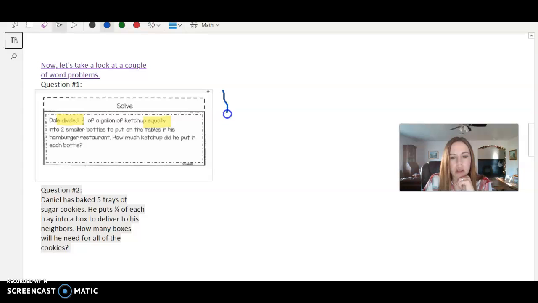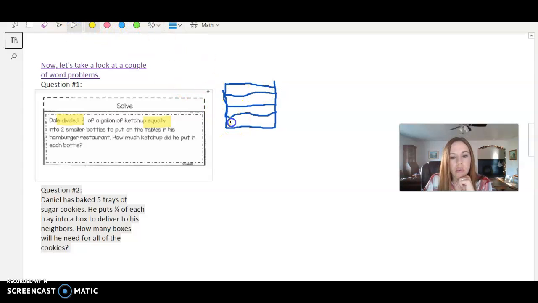So let's model our gallon. Here is a big gallon of ketchup. And he only had 1/4 left, but we have to divide it all up into fourths in order to show that that's all he had left was 1/4.